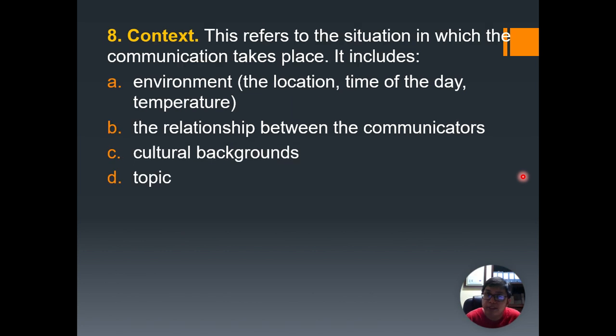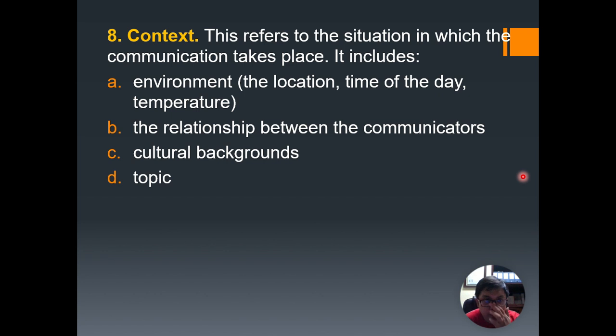And of course, we have number eight, which is context. This refers to the situation in which the communication takes place, which includes the environment, the location, the time of the day, the temperature, the relationship between the communicators, the cultural backgrounds, and of course, your topic.